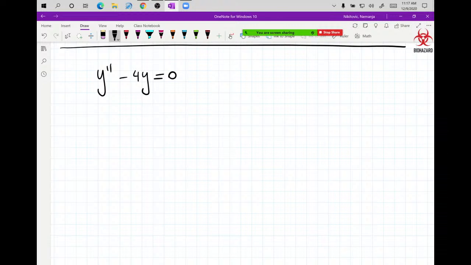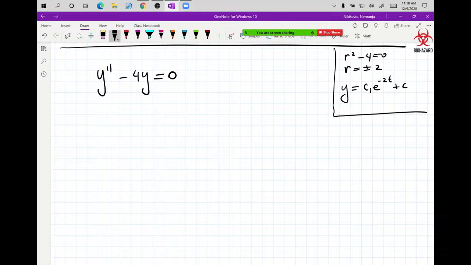Now, you guys know how to solve this, and you know the solution to this already, because that's r squared minus 4 equals 0, r equal plus minus 2, your solution y is equal to c1 e to the minus 2t plus c2 e to the positive 2t, and you are done. So this is your life from chapter 3, and that is not changing at all.